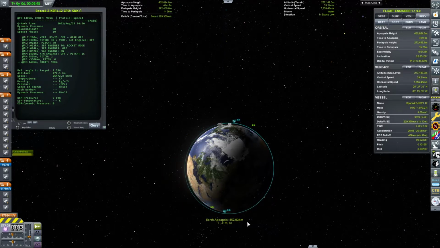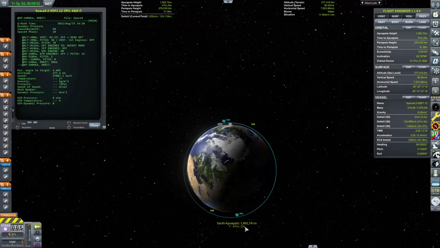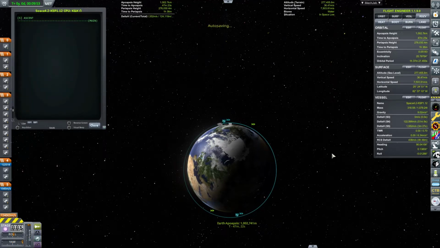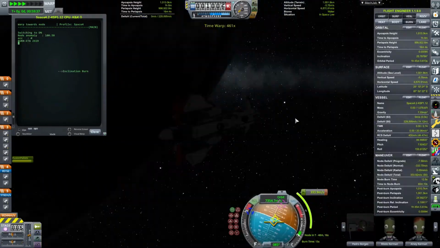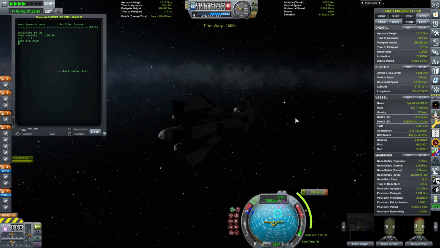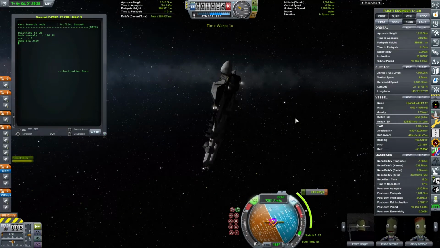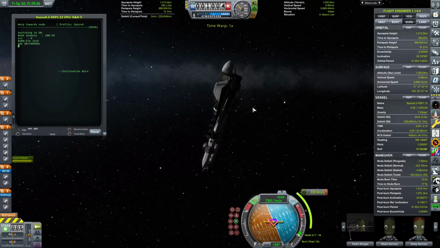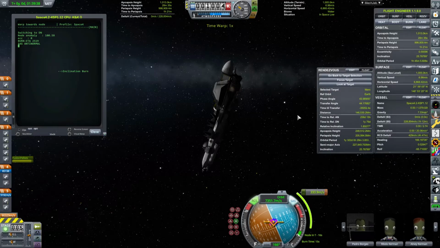Okay, now we'll increase the apoapsis to 1000 kilometers of altitude, which is right now, to reduce the inclination of our orbit plane to the inclination of Mars orbit.